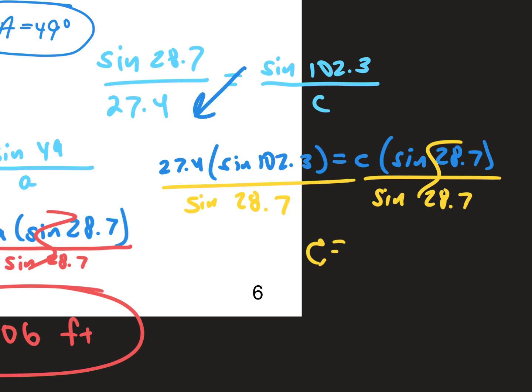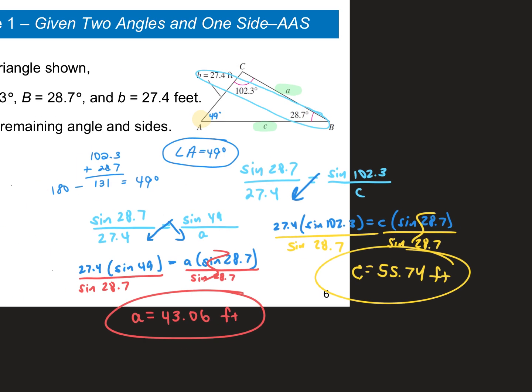What'd you get? 55.74 what? But feet, right? Perfect. That's it. The law of sines is just taking a side length and its corresponding angle, setting up the proportion, and then figuring out what you're missing.